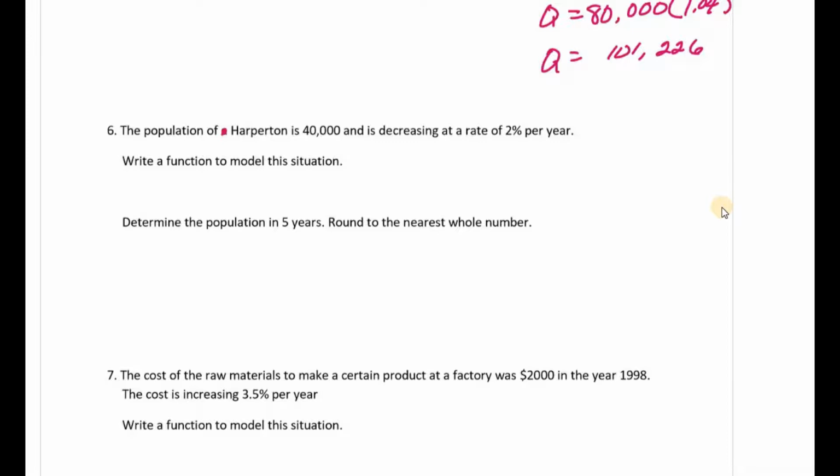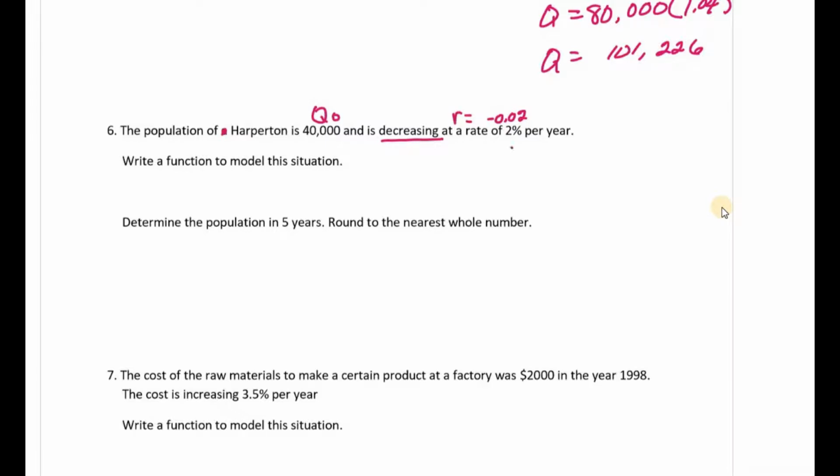In this problem, I am decreasing at a rate of 2%, so my rate is negative 0.02. My q sub 0 is 40,000. I'll go ahead and write r equals negative 0.02.